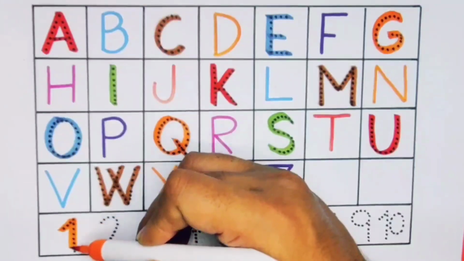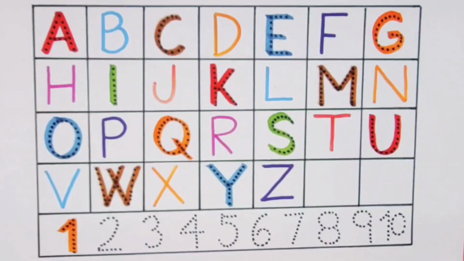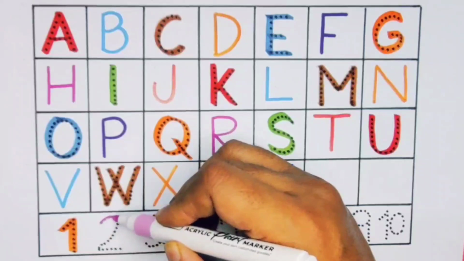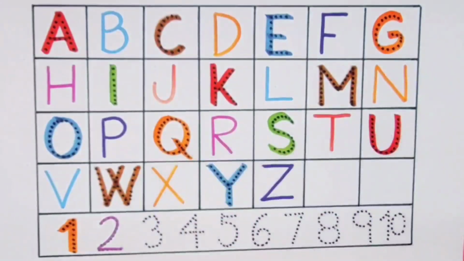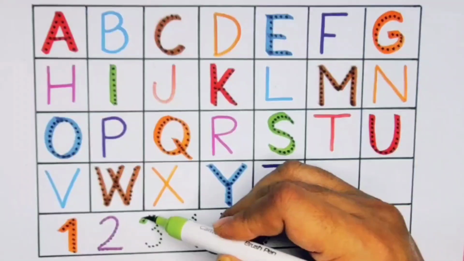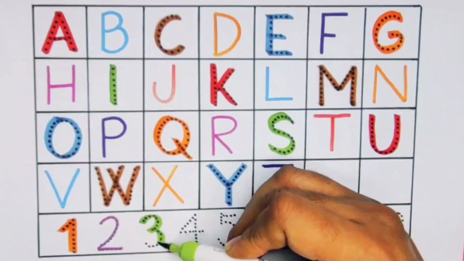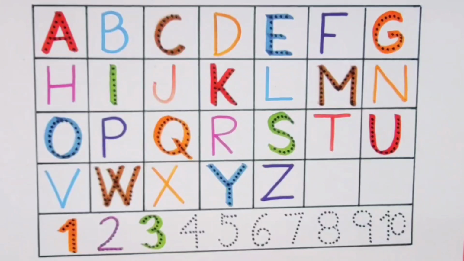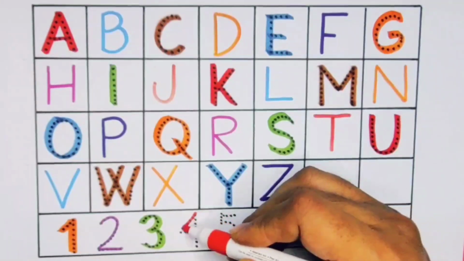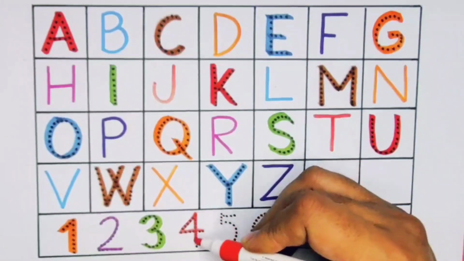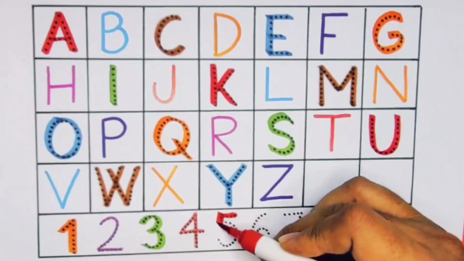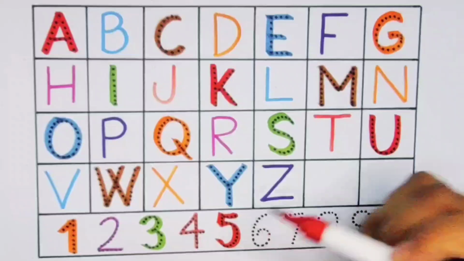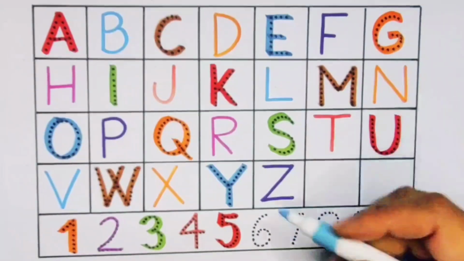Number 1. Next, number 2. Next kids, number 3. Next, number 4. Next kids, number 5. Next, number 6.